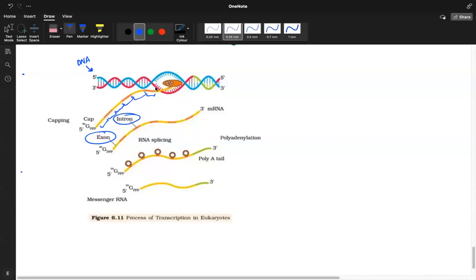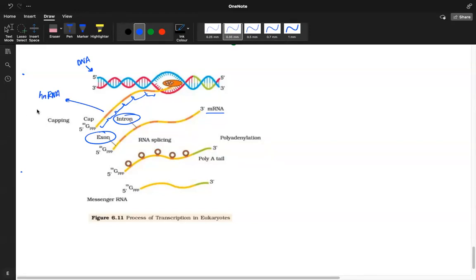Okay. So this RNA, we do not call it mRNA when it comes out. Though it's written here as mRNA, the true name for this kind of RNA, where there is an exon-intron structure, is hnRNA. And what does hnRNA stand for?